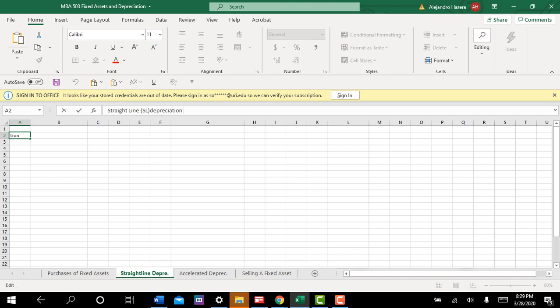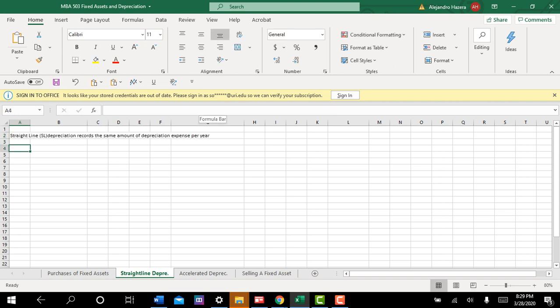So SL depreciation records the same amount of depreciation expense per year. That's the general aspect of straight-line depreciation: every year you record the same amount of depreciation. So it's not a very complex thing.